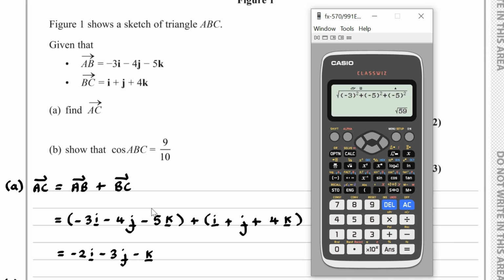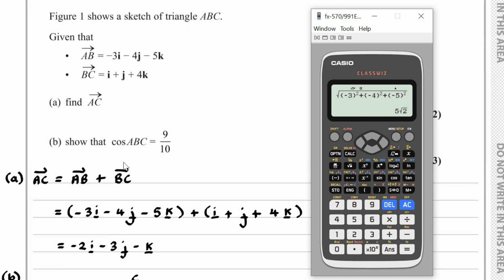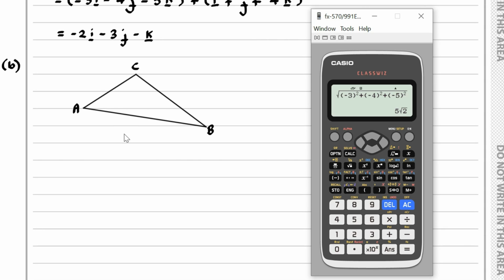It turns out here we get 5√2 for AB. So we will add on to our diagram 5√2.